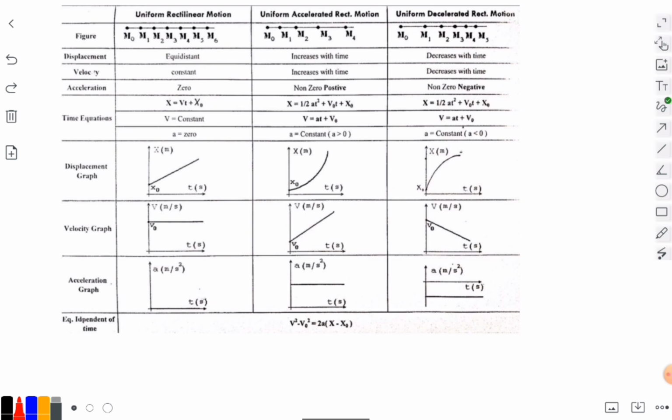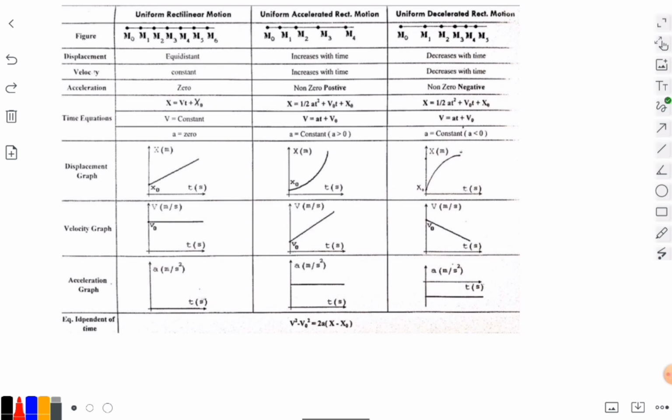Like m0, m1, the distance between m0 and m1 is less than the distance between m1 and m2, less than the distance between m2 and m3, less than the distance between m3 and m4. And in uniform decelerated rectilinear motion, the distance between the positions decreases with time.